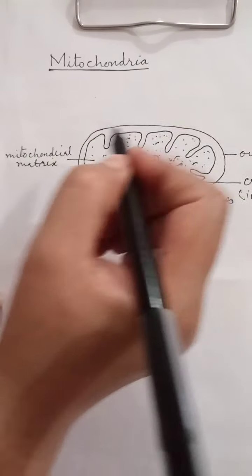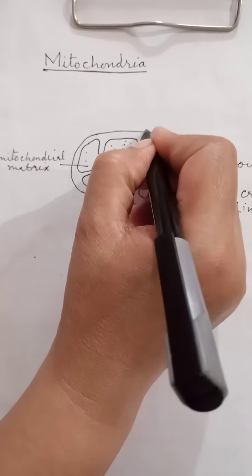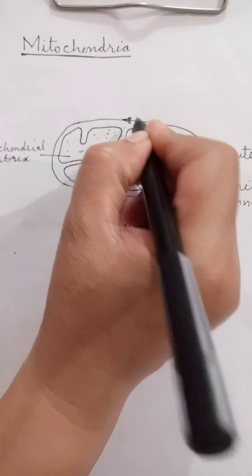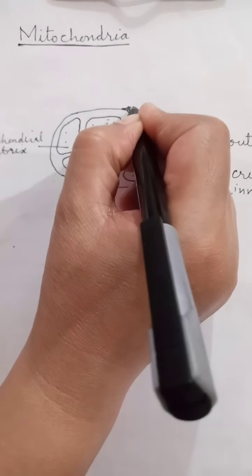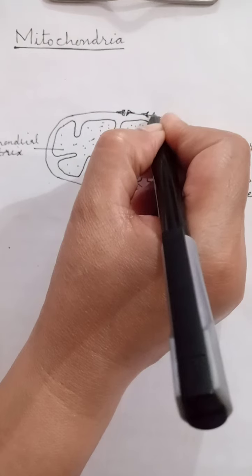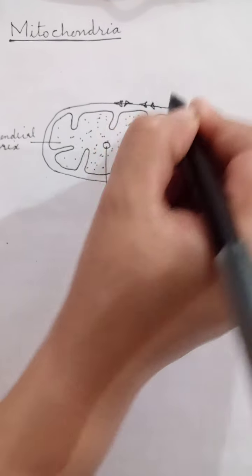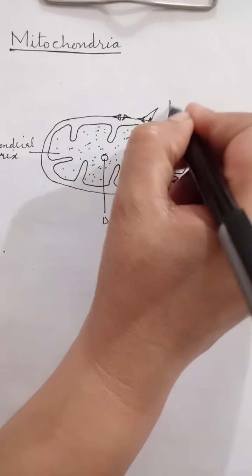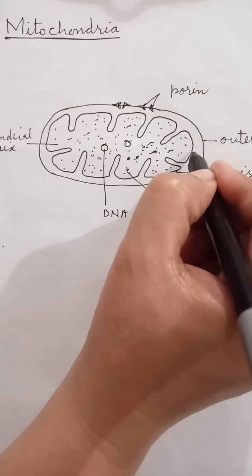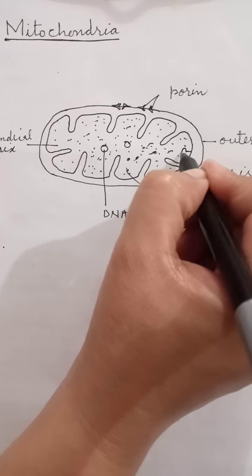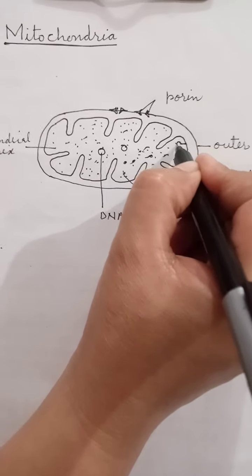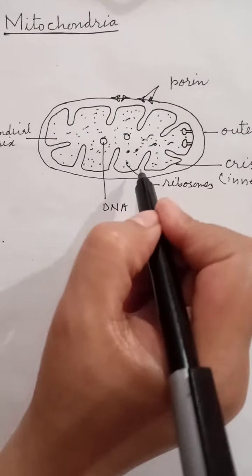Now student, the outer membrane has proteins which are called porin proteins. The inner membrane also has some proteins which we call oxysomes.